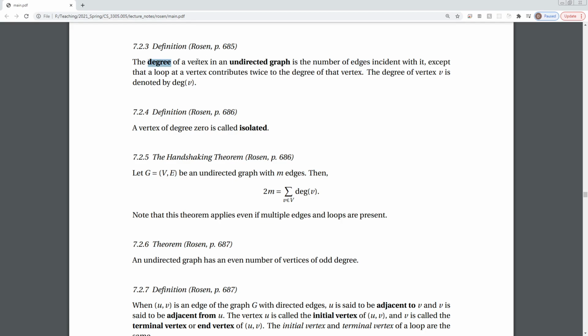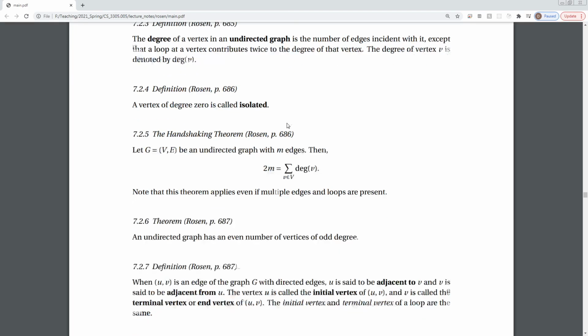It's all of the edges connecting to external vertices, and then each edge that's a loop back counts twice because it goes out and then it comes back in. So out and in both contribute to the degree. Then the degree of vertex V is denoted by deg(V). And again, that's defined on an undirected graph.